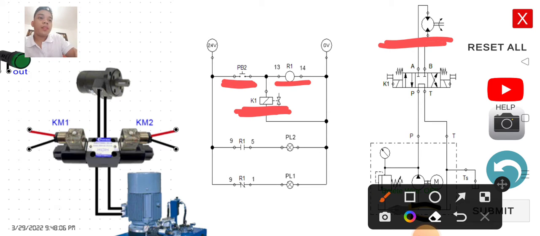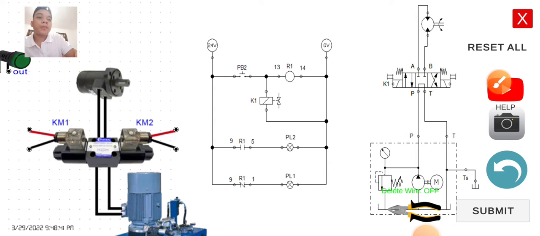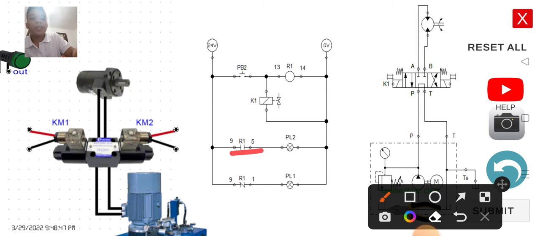The PL2 will turn off because the PB2 is released, and then the PL1 is switched on. So that's the function of this diagram.